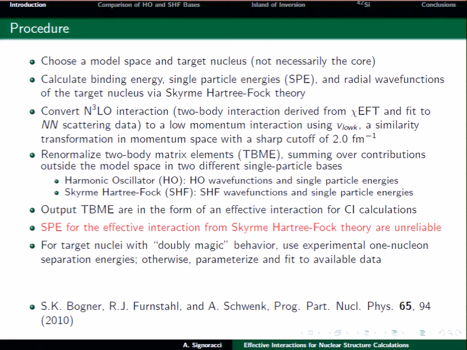And a target nucleus is necessary in order to perform a renormalization procedure, and so this should be close. It should be in proximity to the nuclei we want to calculate on the nuclear chart, and therefore it will have approximately the same behavior as the nuclei to be calculated.